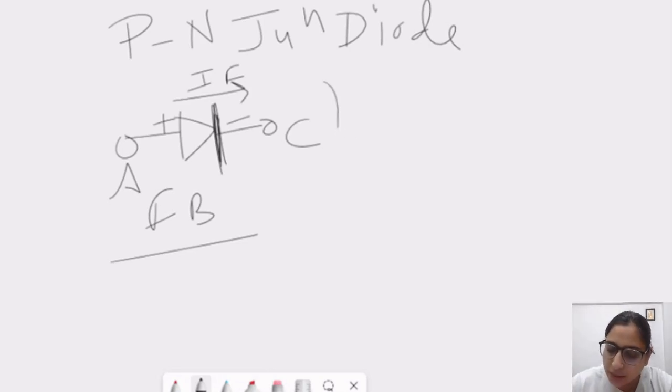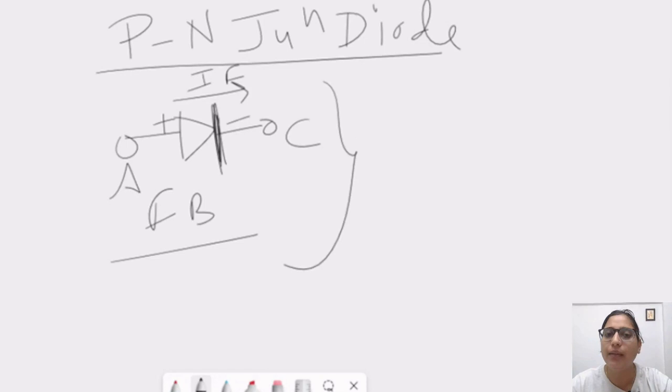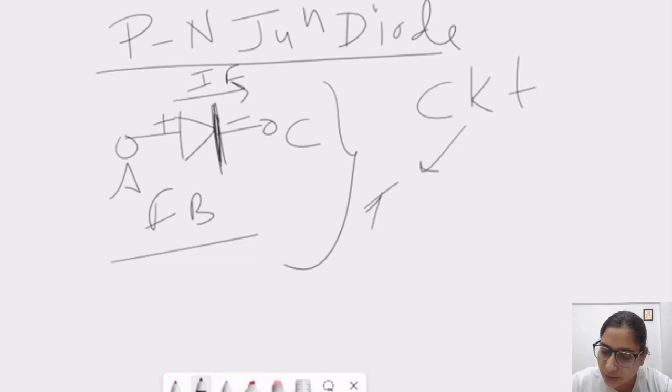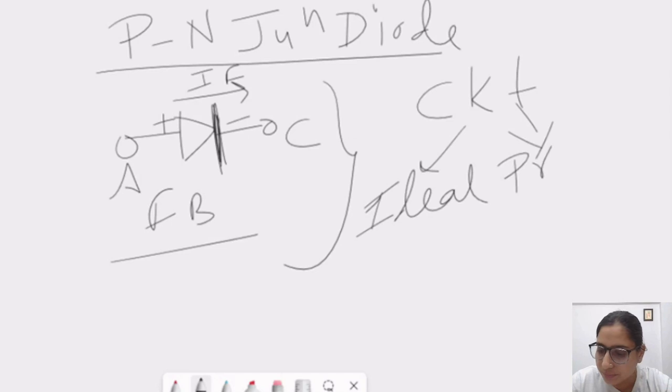Now, if I talk about this diode as a circuit element, then in circuits we have two kinds of conditions. One is the ideal circuit condition and the second one is the practical condition. Now, what is the ideal condition? In ideal condition, we have some parameters.